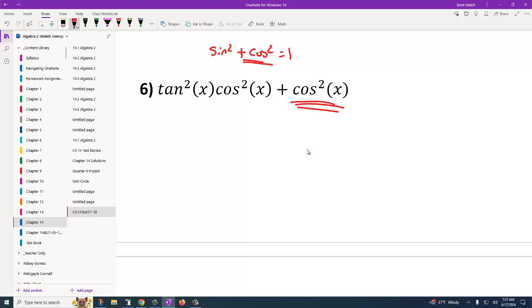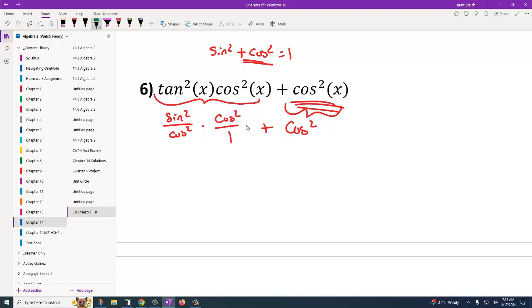But if I try to fix the multiplication over here, tangent squared times cosine squared, if I can condense that and bring it down by using sines and cosines, my tangent squared would be sine squared over cosine squared times cosine squared over 1. And don't forget, we still have our plus cosine squared that we haven't touched. So kind of keep track of these two different things. We're doing the multiplication condensing, but I still got that cosine squared sitting on the side that I'm not touching.